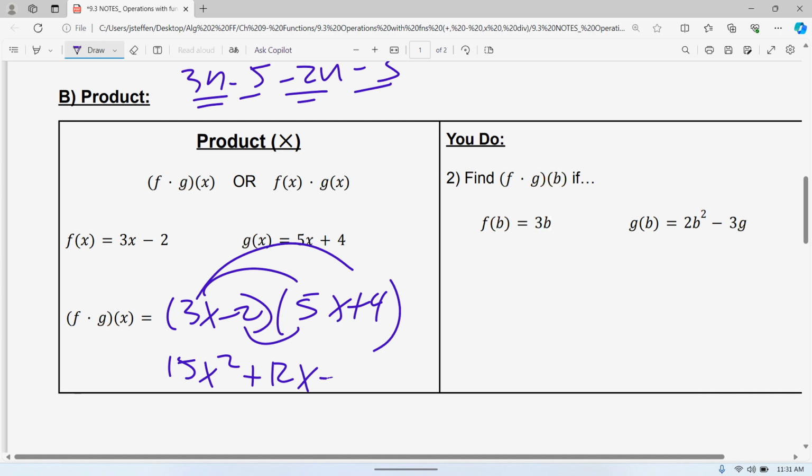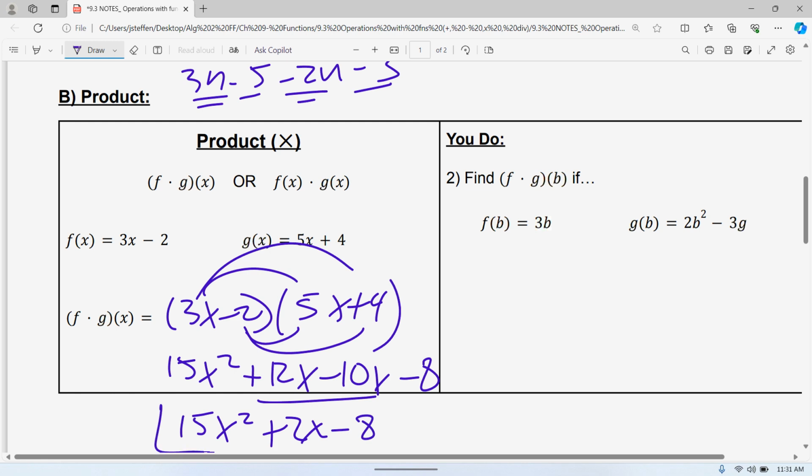Negative 2 times 5x is negative 10x. And negative 2 times 4 is negative 8. And your like terms in the middle, 15x squared plus 2x minus 8 is your answer for that one. So multiplication, again, don't make it harder than it is. You literally just multiply those out.